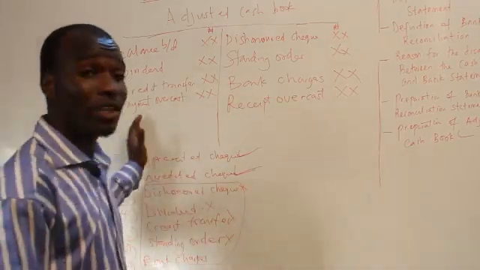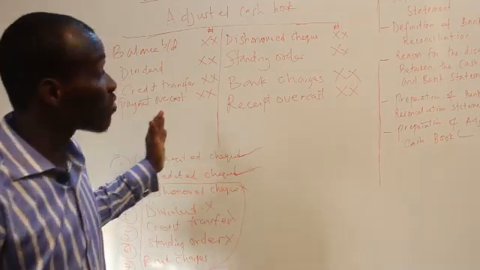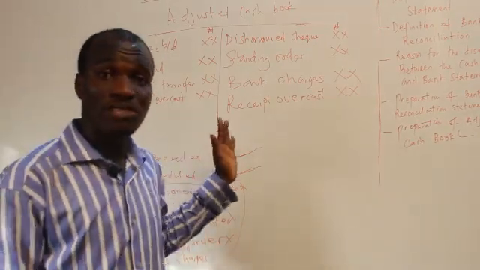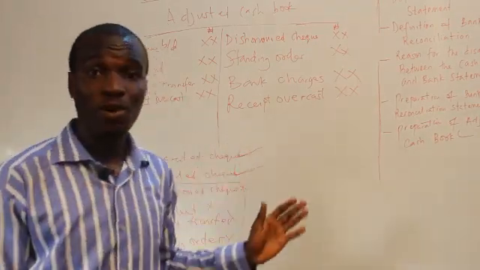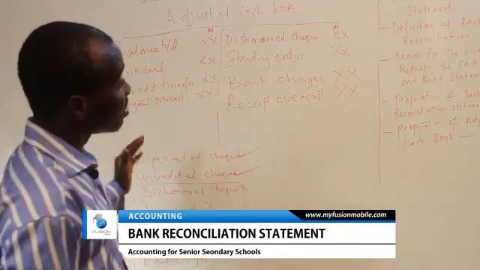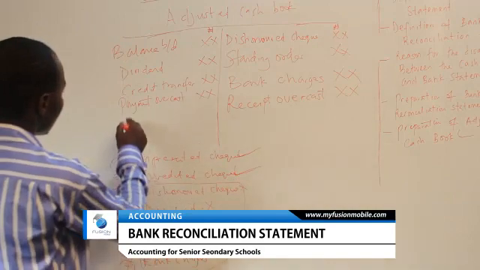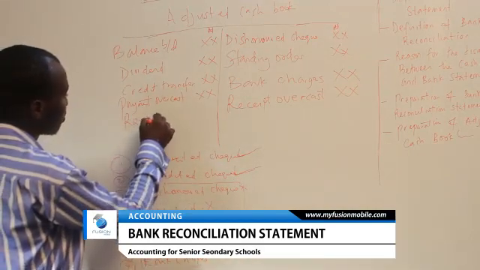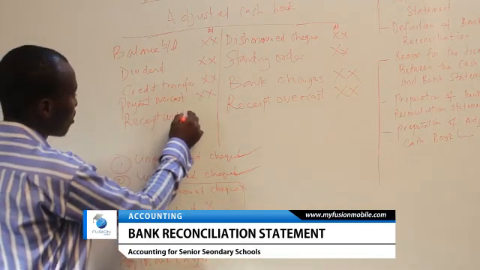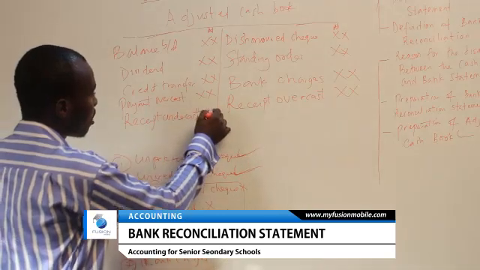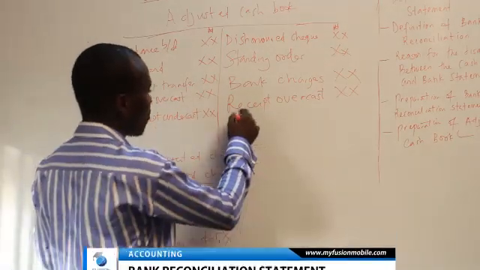We have to debit that also, increasing the amount received by the undercasting figure. So the adjusted cash book is going to be debited with the receipts undercast. While payment undercast will come here.